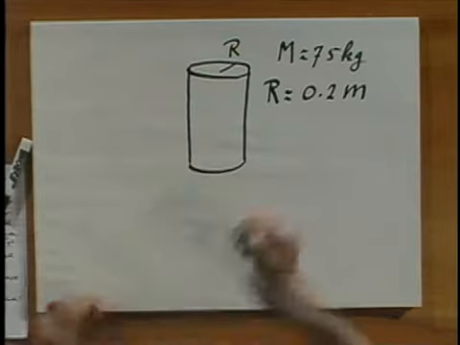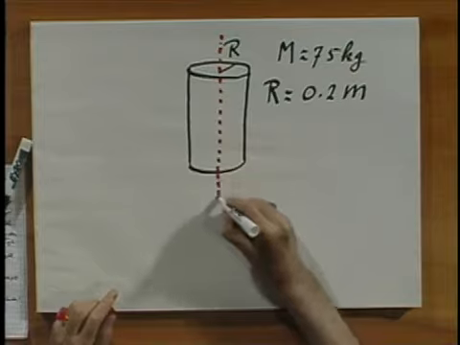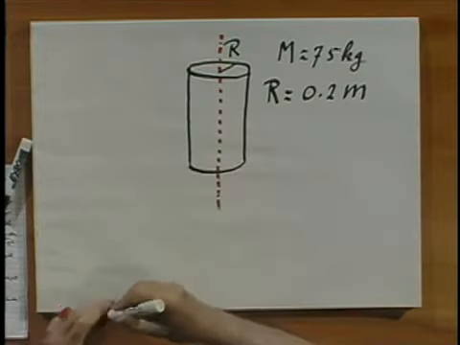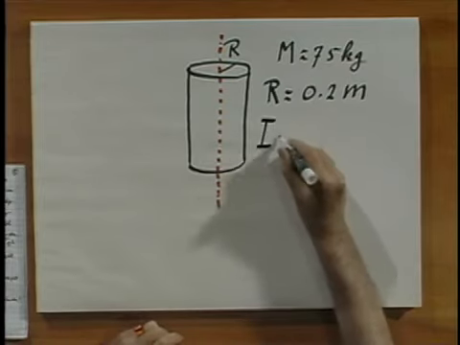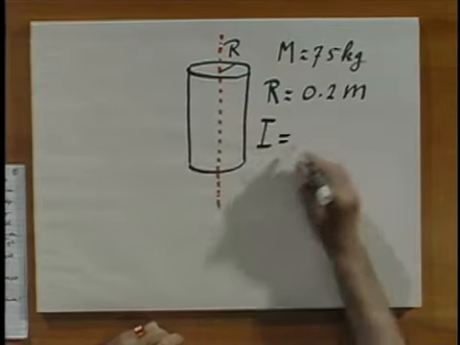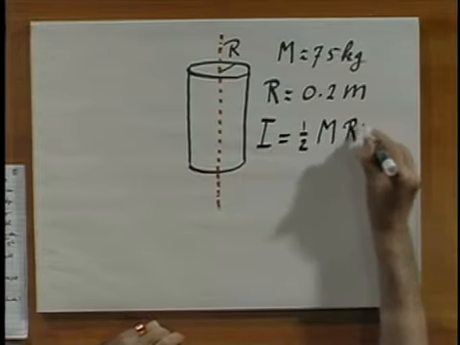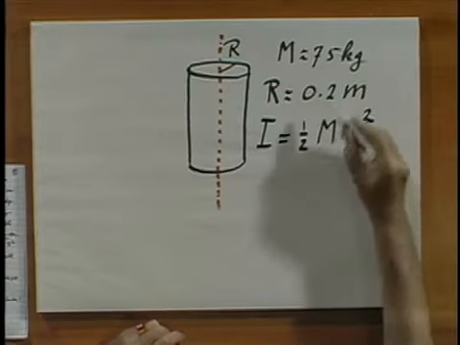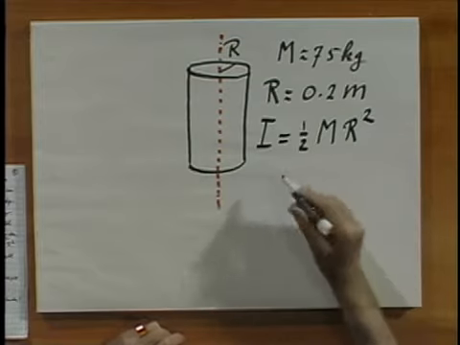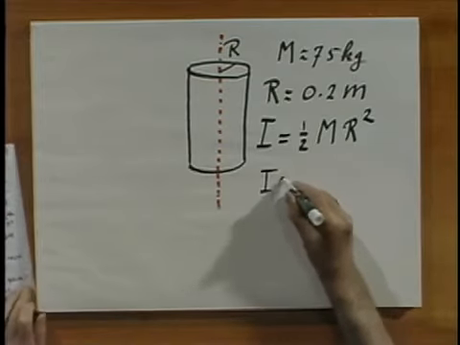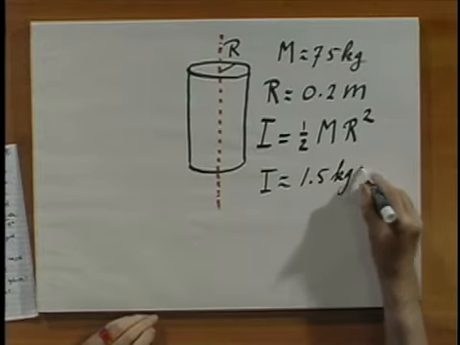We rotate the cylinder about the axis of symmetry. We do not have to specify the length of the cylinder because the moment of inertia is independent of the length. The moment of inertia for rotation about this axis equals 1/2 m r squared. If I substitute 75 for m and 0.2 for r, then I find that the moment of inertia is about 1.5 kilogram meters squared.